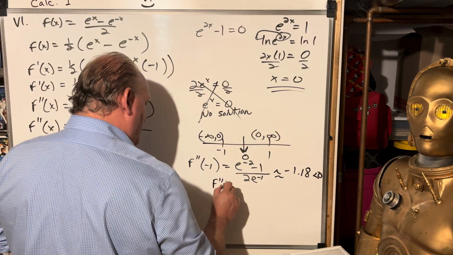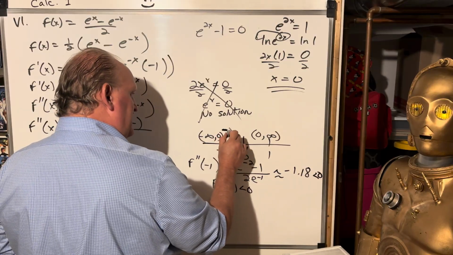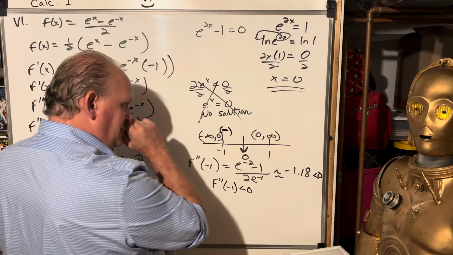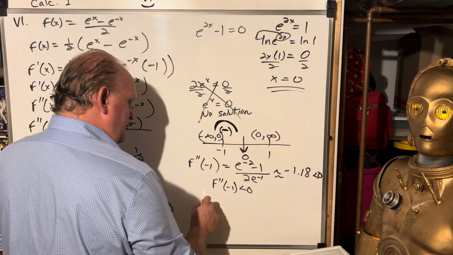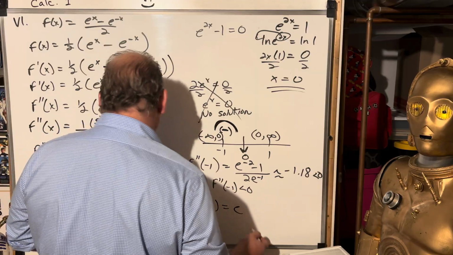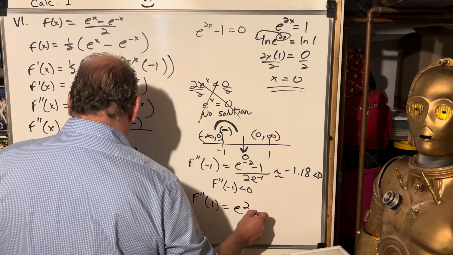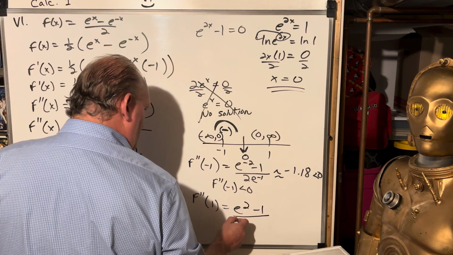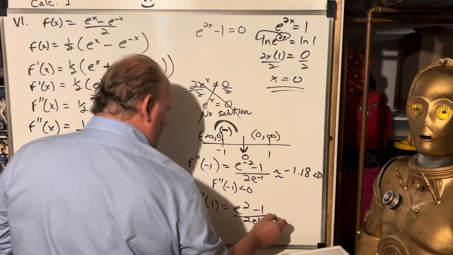So f double prime of negative 1 is less than 0, which means this is negative, which means we're talking about concave down. And then f double prime of positive 1 is e to the second minus 1 over 2e to the first.